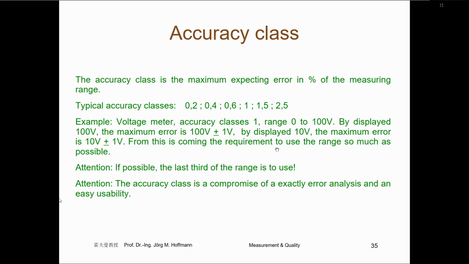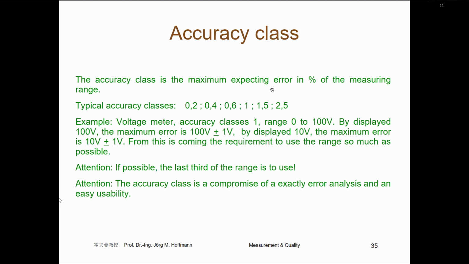But in many cases in factories, they want only one number, and this number should express what is the biggest error in percent of the measuring range of a device. When you have a measurement device for voltage, 0 to 100 volt, they want to know what is the biggest error.